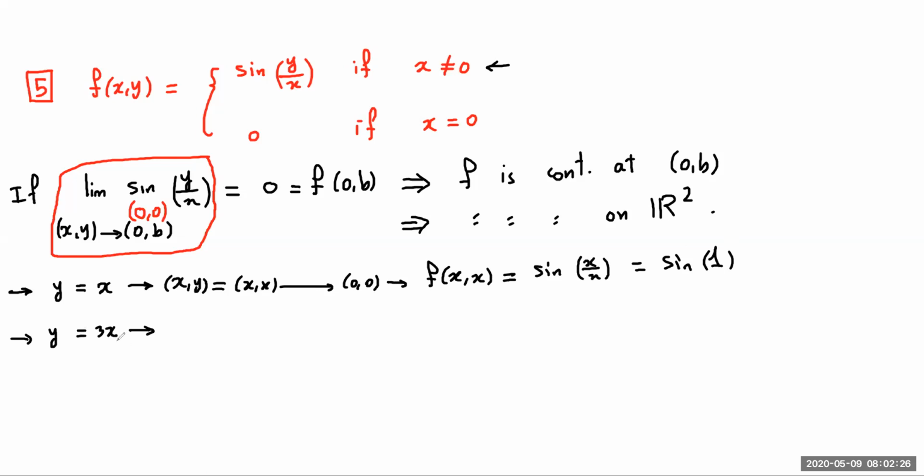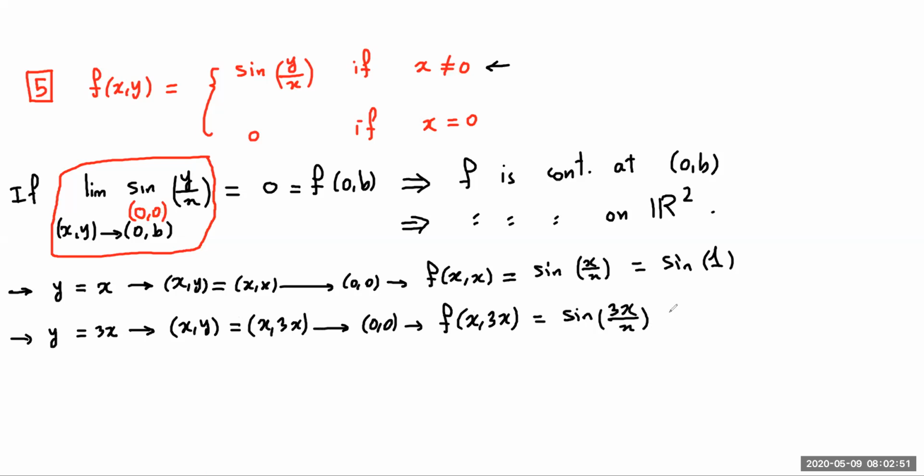On the other line, y equals 3x, and also remember that the point 0, 0 exists on this line. So x, y will be x, 3x, approaching 0, 0. Then the function f(x, 3x) will be sine 3x over x. It's sine 3. So they are different because of this.